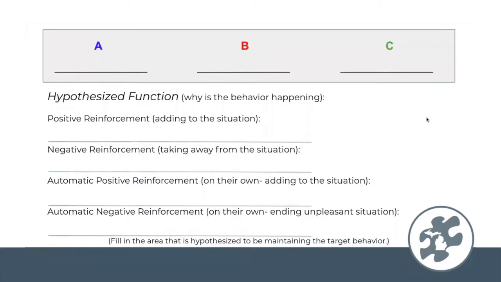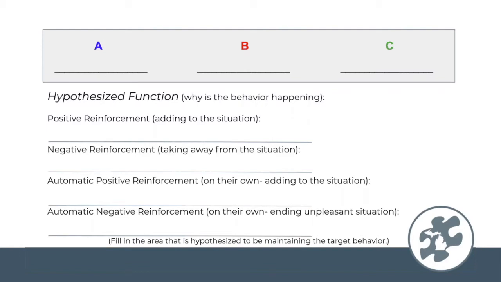So if we look at this next slide here, this is where you can fill in your antecedent, your behavior, and your consequence from the first PowerPoint. And we're going to look at your hypothesized function. Why is this behavior happening? Would you say it's happening because you're adding something to the situation in terms of a consequence, causing the behavior to happen more? Are you taking something away where you're delaying or avoiding or escaping the instruction by way of the consequence?